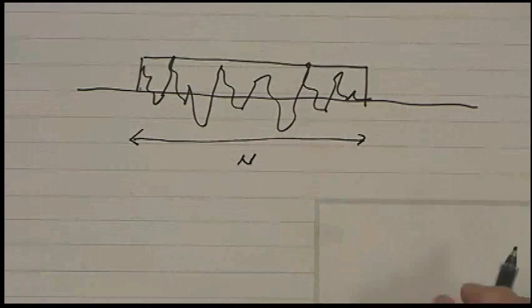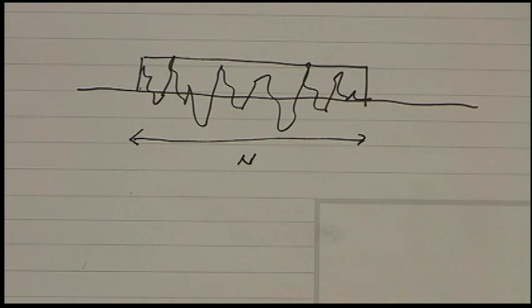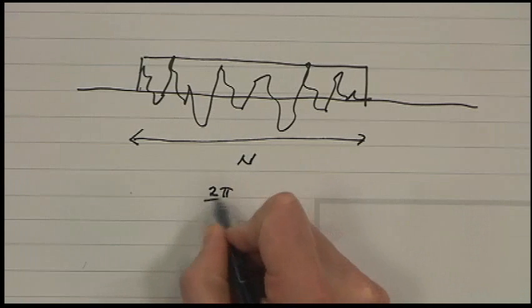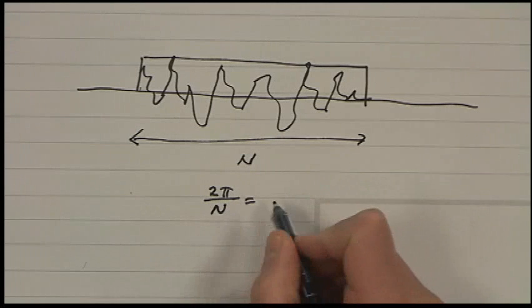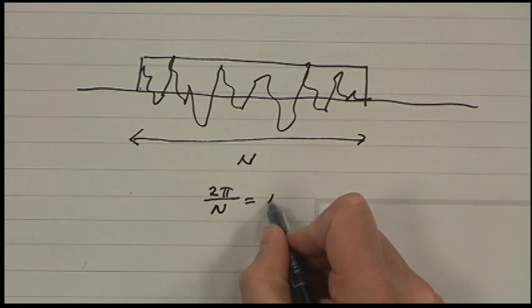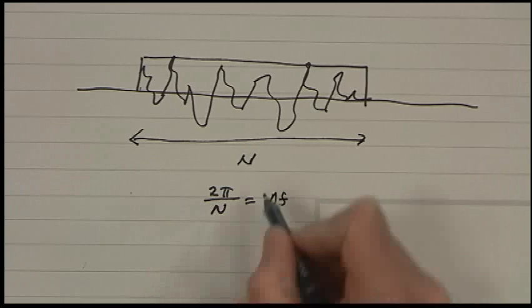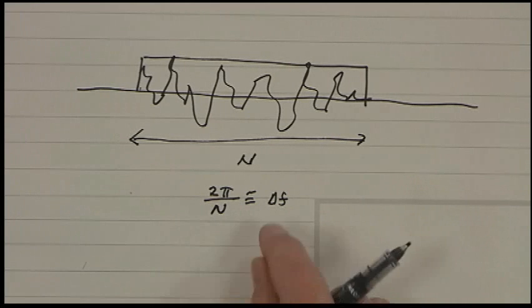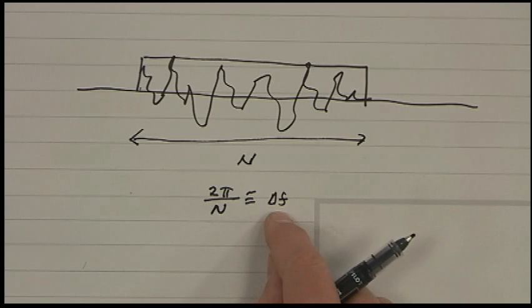Then the Fourier transform, roughly speaking, you take 2 pi over n, and that's going to be equal to delta f. That's the resolution in frequency you have. Now, this is in units of radians.